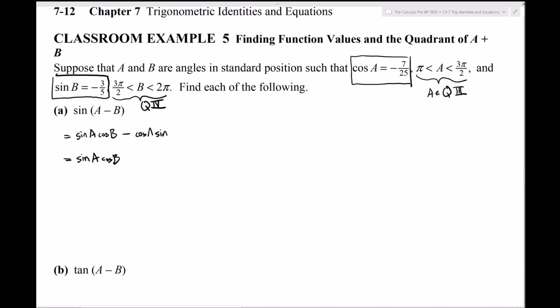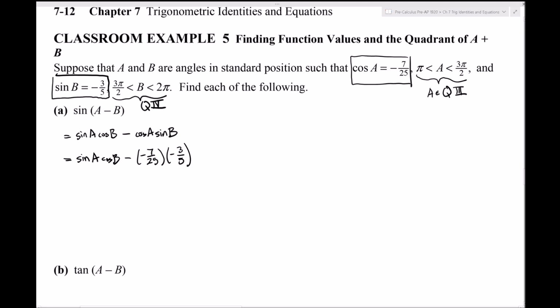This one is cosine A, sine B. Very sorry about that. So if you were annoyed by that the whole time, I'm very, very sorry about that. But either way, so cosine A, sine B in the second portion. I don't have sine A, cosine B, so the first part of it is unknown right now. I know the second half, though. Cosine A was given. That's -7/25. And then sine of B is -3/5.